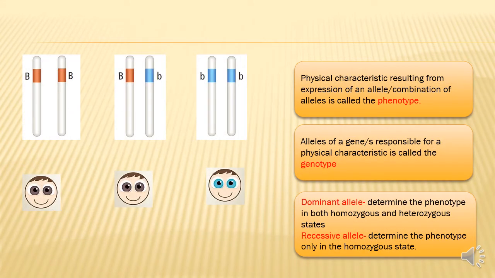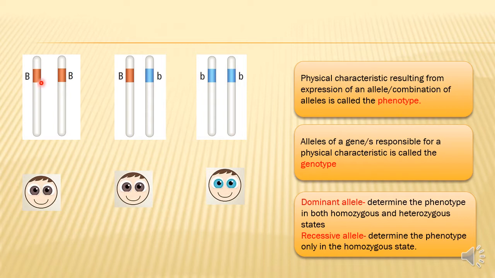Physical characteristic resulting from expression of an allele is called the phenotype. In this case, brown eyes is the phenotype, and in this case, blue eyes is the phenotype. Allele of a gene responsible for a physical characteristic is called the genotype.